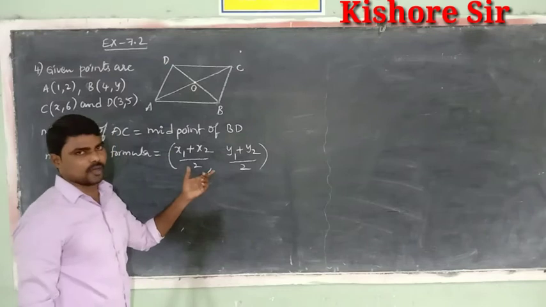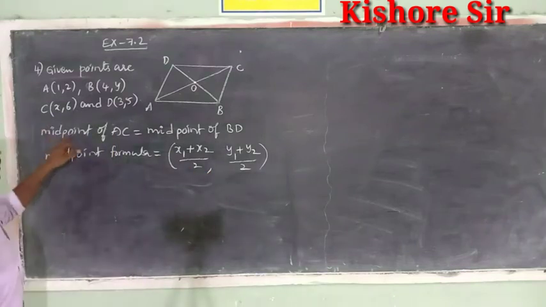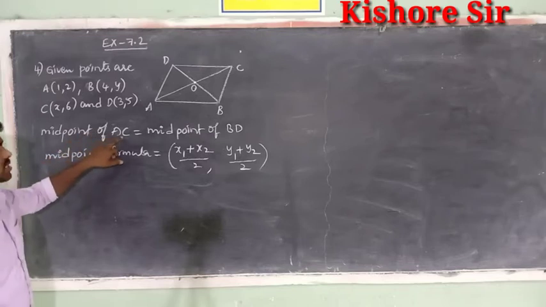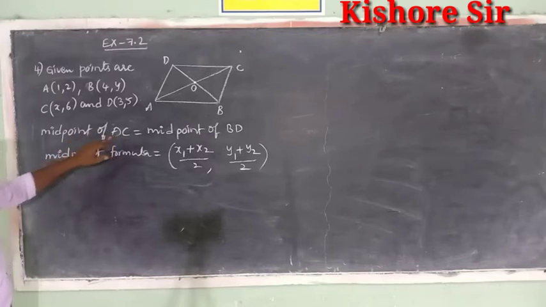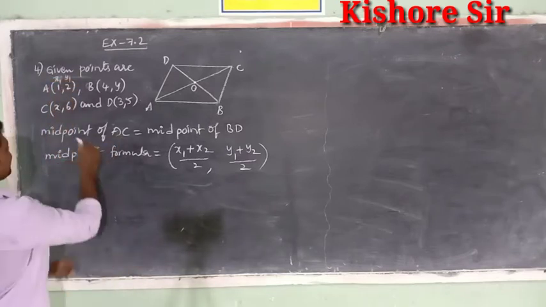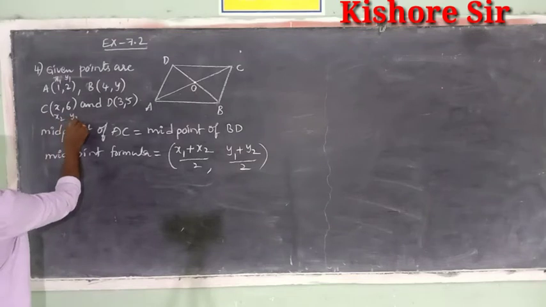First we have to find the midpoint of AC. The first point A is (x1, y1) and C is (x2, y2).